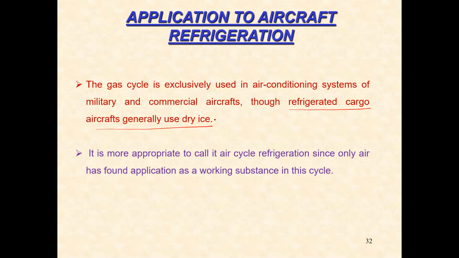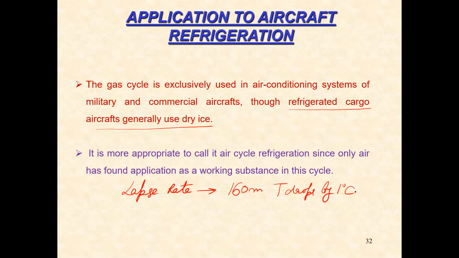The question is, we are talking about an aircraft flying at such a height, where the temperature is quite low, because if you know the lapse rate, as we go up, if I don't remember the exact value, somewhere around 160 meters, when we go up, the temperature drops by 1 degree Celsius.